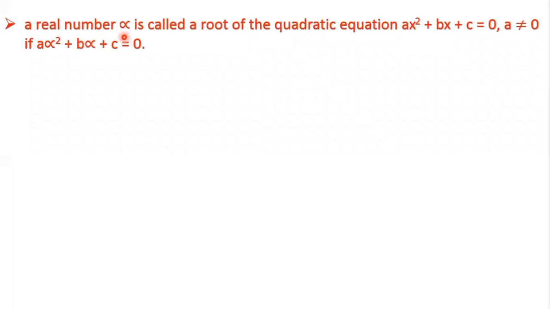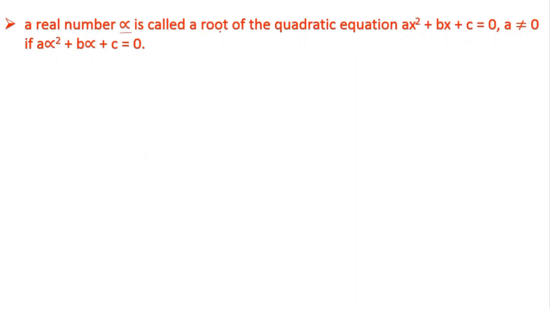A real number alpha is called a root of the quadratic equation ax square plus bx plus c is equal to 0, where a not equal to 0, if a alpha square plus b alpha plus c is equal to 0. Understand this.